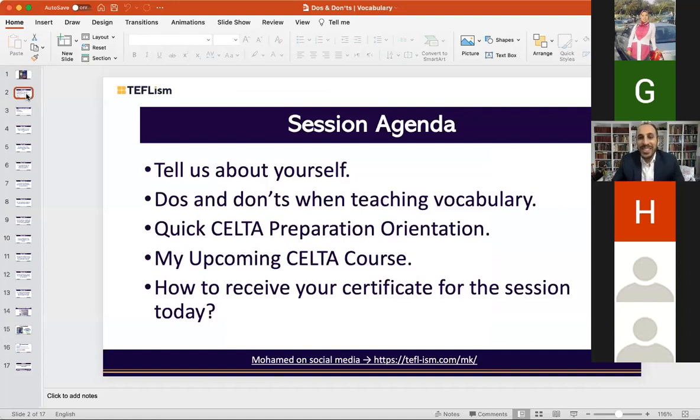So the session agenda for today, the first point, I'll give you like 2 minutes to tell us about yourself, and I'll tell you how in a second. Then I'm going to move on to the core of the session today, which is do's and don'ts when teaching vocabulary. Then there will be a quick CELTA preparation orientation. You know that I provide a CELTA preparation course, so there will be a quick orientation about that.